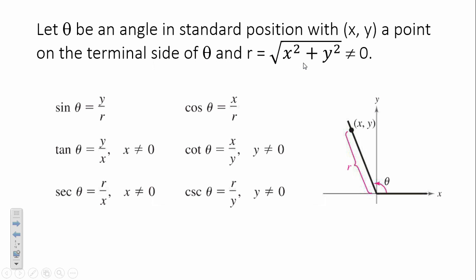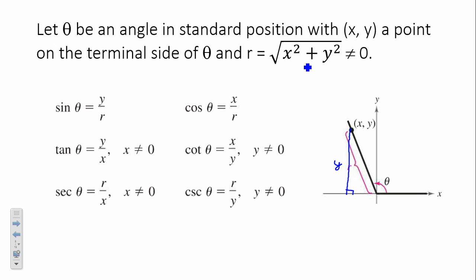In other words, if I drop a perpendicular from the terminal ray to the x-axis, wherever it happens to be, this is my height of a right triangle that's formed. That's my y.